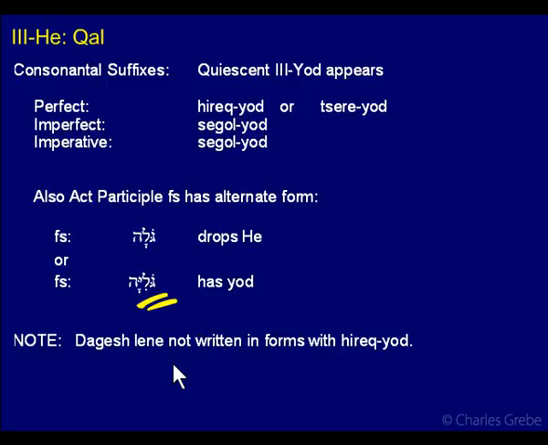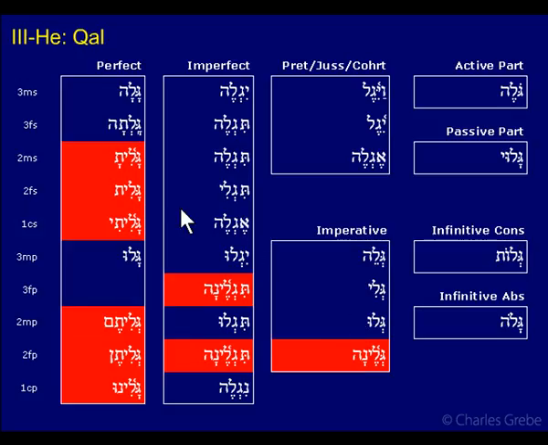Okay, last thing here. Dagesh lene is not written in forms with hidik yud. Let's look at that. So forms that have hidik yud here, they do not have a dagesh lene in the tav. We expect a dagesh lene because the tav is a begad kafat letter, and that's what we have in the strong verbs.